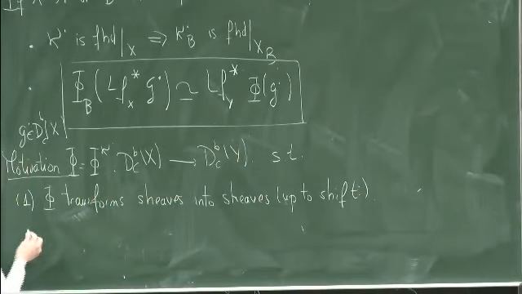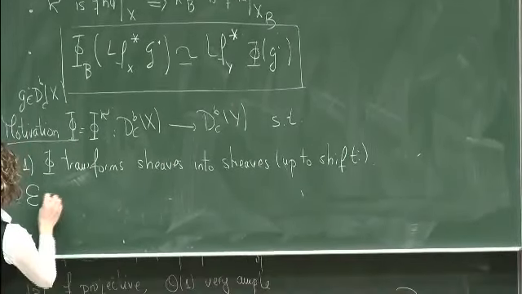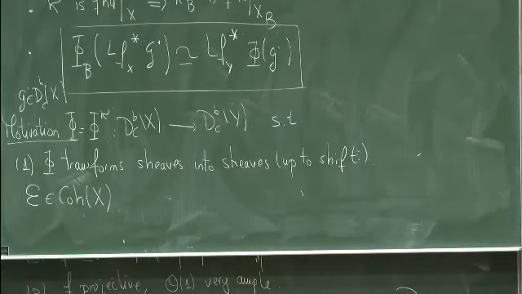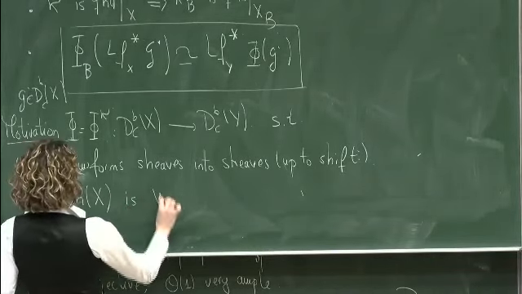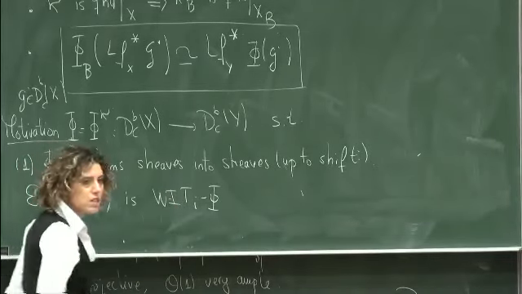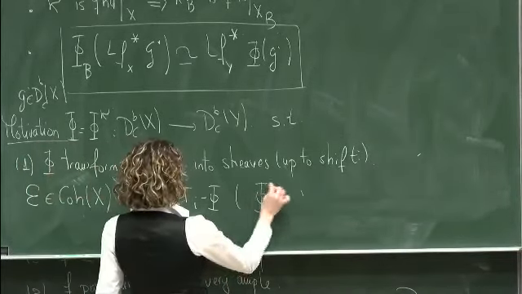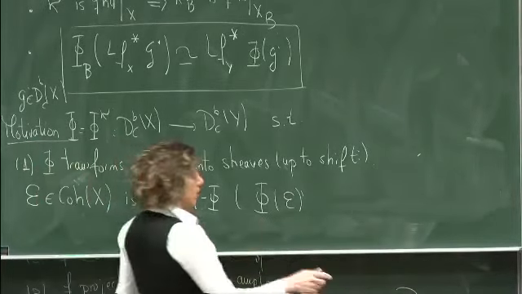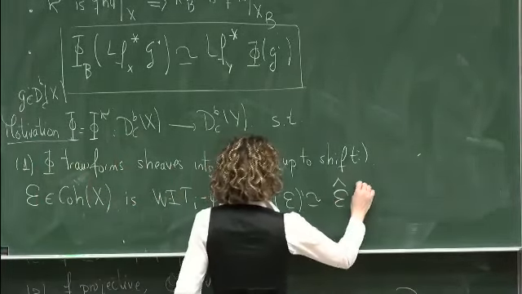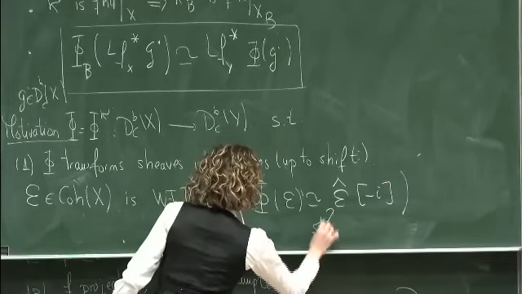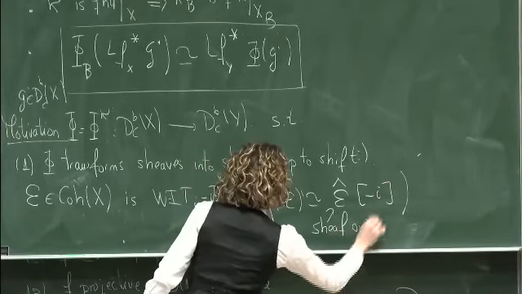So that means, another way that appears in the literature is that any coherent sheaf in your first scheme is what is called WIT_i for phi. No? Just meaning that when you transform the sheaf, what you get is not a real complex, but just a sheaf, maybe shifted by the degree i. Or this is a sheaf on Y.